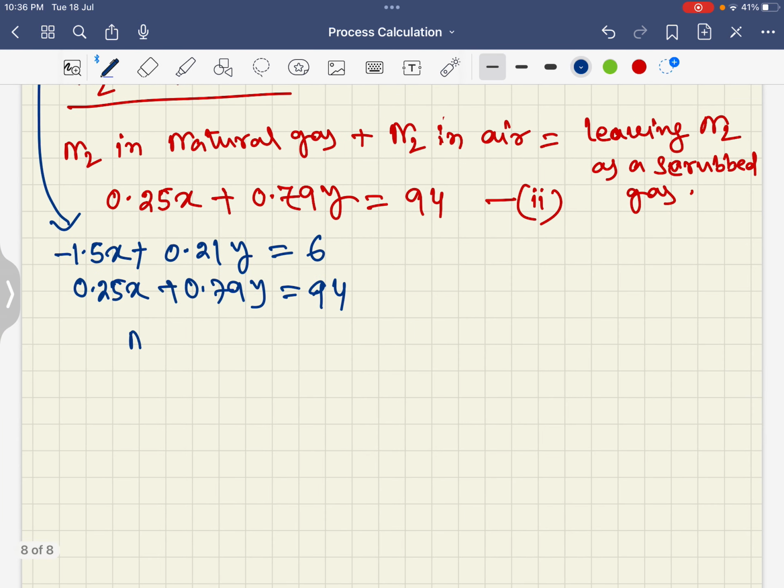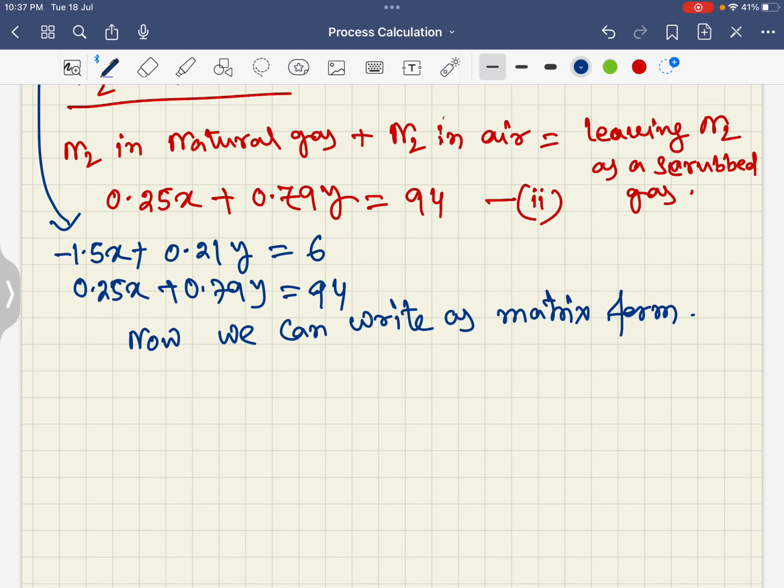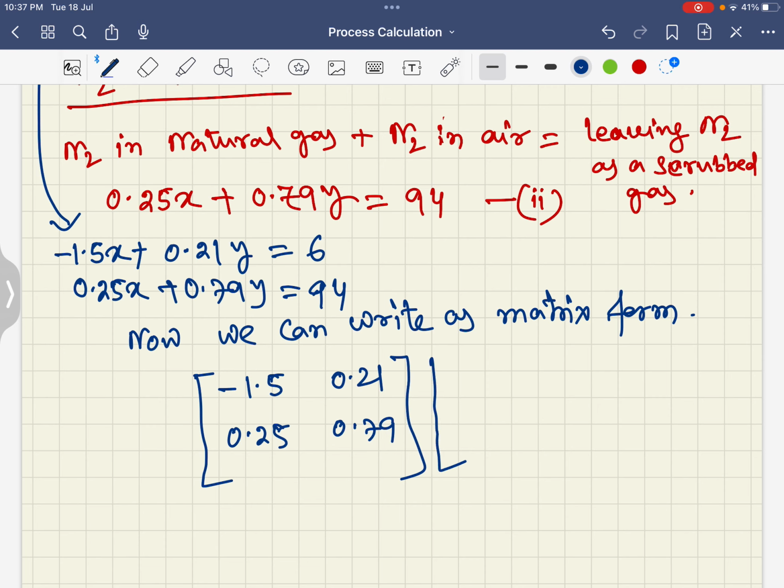Now we can write this in matrix form: the matrix with rows minus 1.5, 0.21 and 0.25, 0.79, times x and y, is equal to the constants matrix 6 and 94.